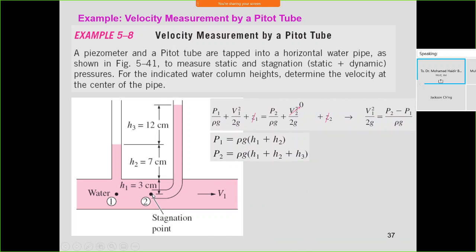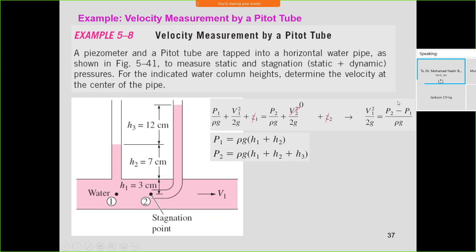To get the value here, we still use the Bernoulli equation. For ease, you only need to remember one equation, the Bernoulli equation. You have at point 1 P, V and Z, and point 2 P, V and Z, but point 2 is a stagnation point. Because of this tube, the velocity of the water in front of the tube is assumed to be 0.